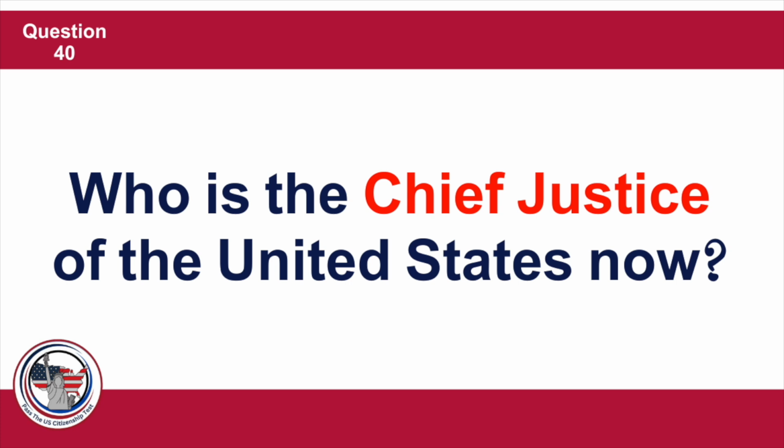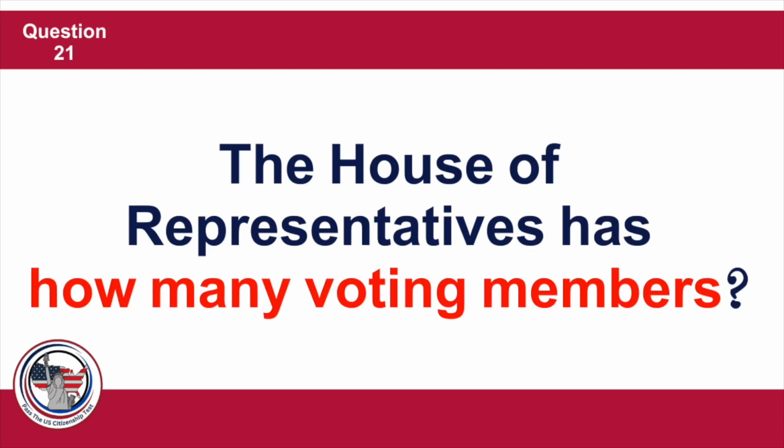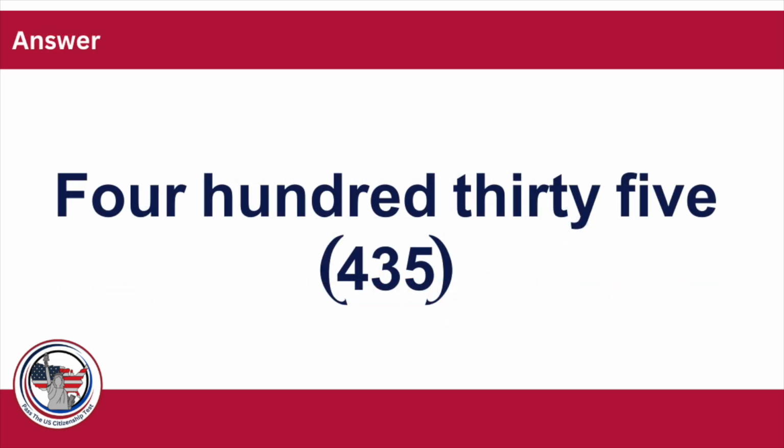Who is the Chief Justice of the United States now? John Roberts. The House of Representatives has how many voting members? 435.